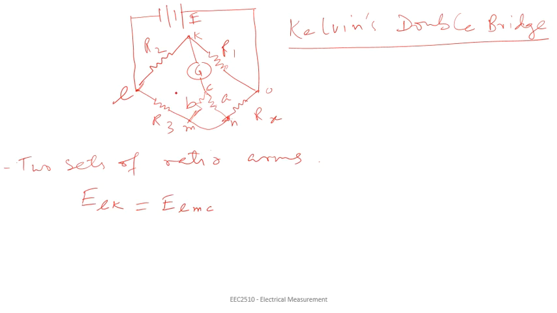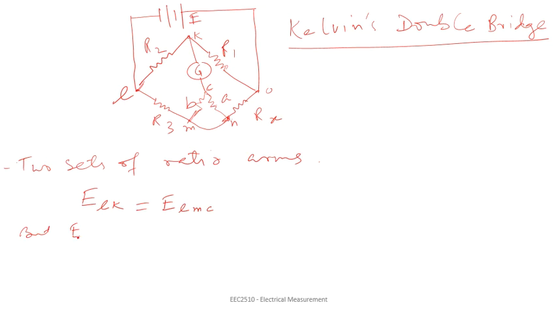If the voltage of this path is equal to this path, the potentials at points K and C will be equal. The potential difference will be 0, the galvanometer deflection will be 0, and the bridge will be balanced. So E_LK should be equal to E_LMC.